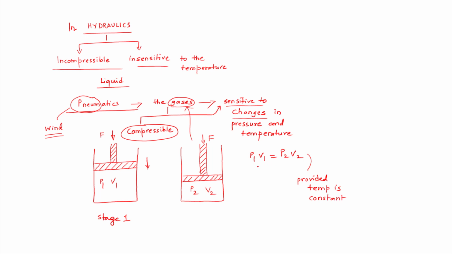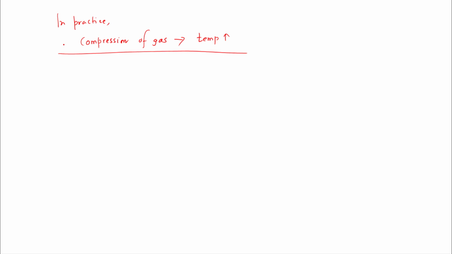Due to the application of force F, V1 is reducing to V2, so naturally the pressure inside the system will increase from P1 to P2. In practice, we always experience that the compression of gas results in an increase in temperature.